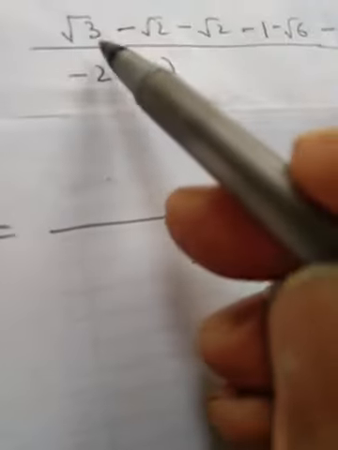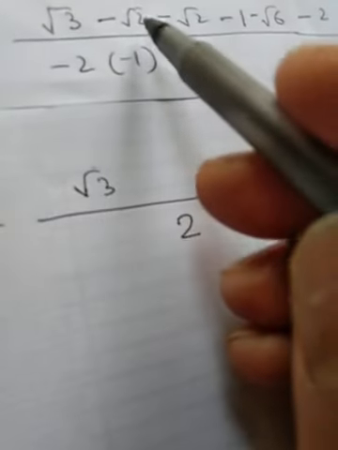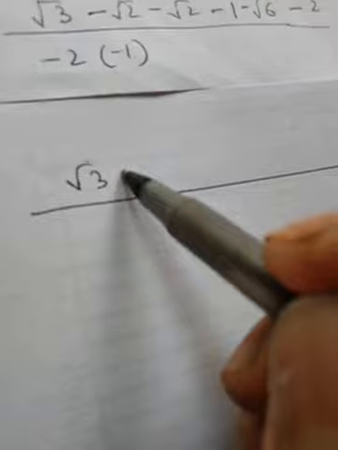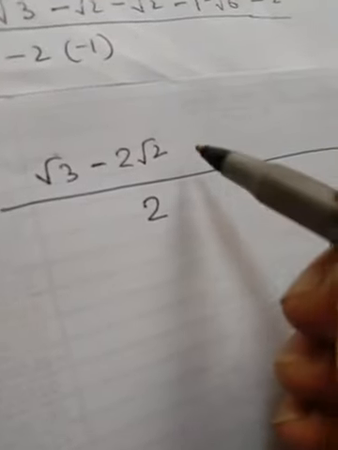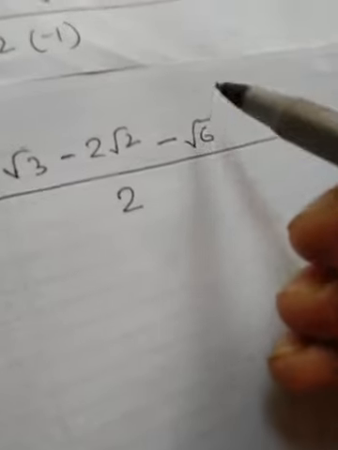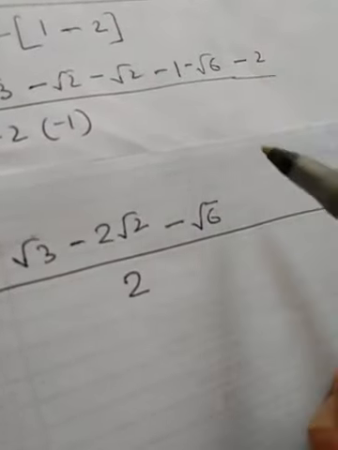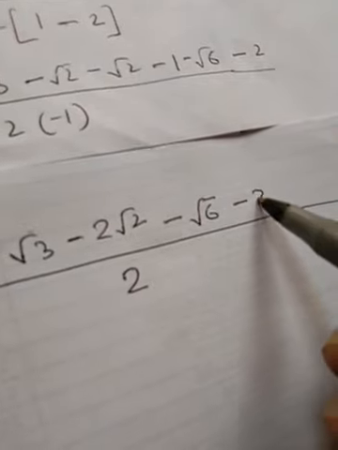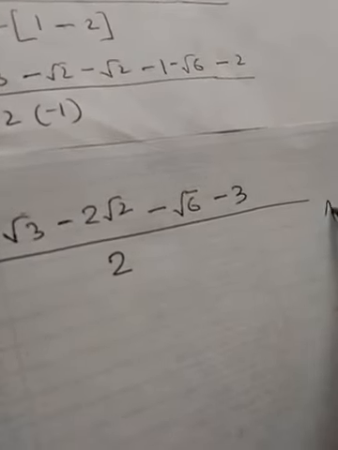So minus 2 into minus 1 will become plus 2 below, and here root 3 will be as it is, then minus root 2 will become minus 2 root 2, then minus root 6 will be the same as it is, then minus 1 and minus 2 we will write as minus 3, and that will be the answer.